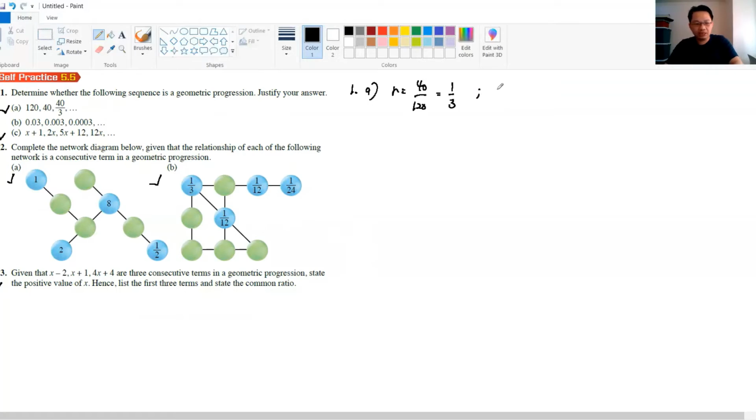We need to check. Another R: 40/3 divided by 40. We are supposed to get another 1/3. So guys, since the R values here are equivalent, therefore A is a GP.